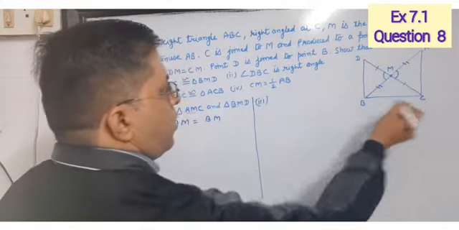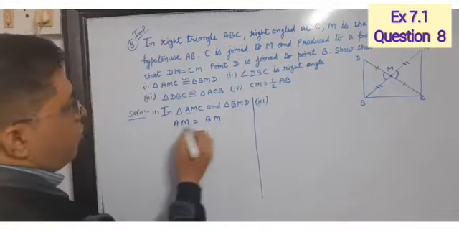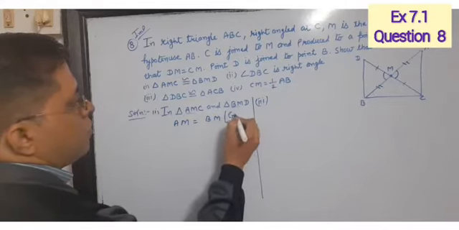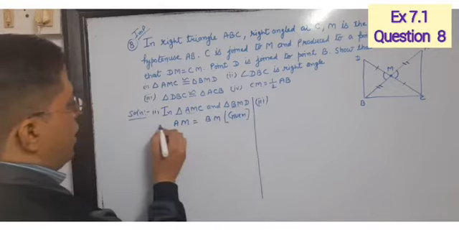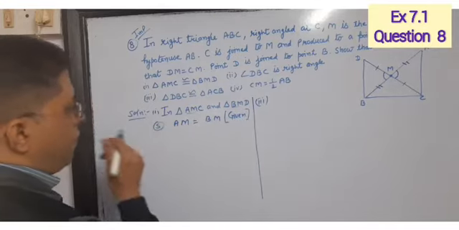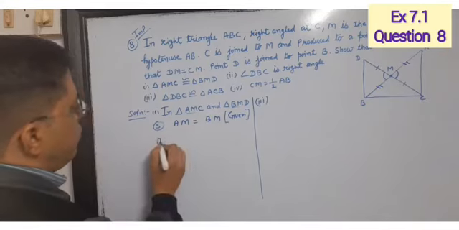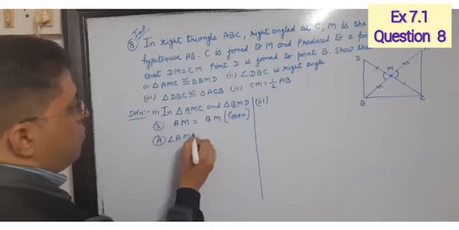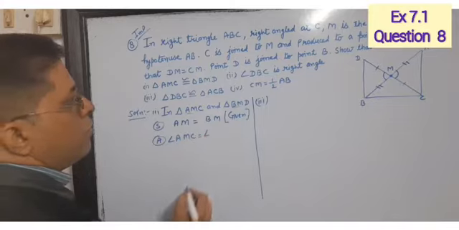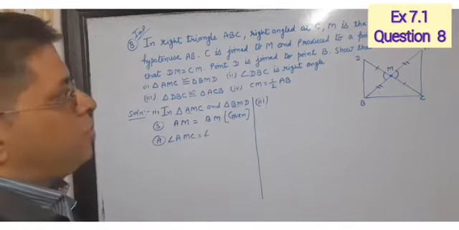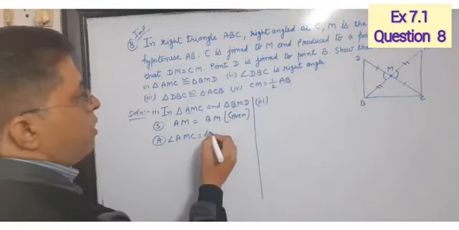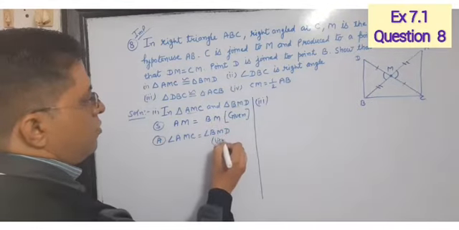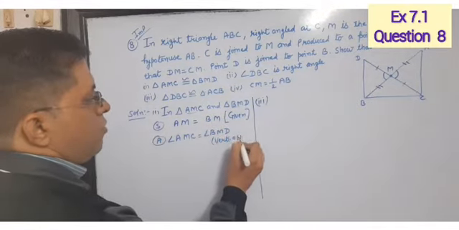I can say angle AMC is equal to angle BMD. This is by vertically opposite angles.